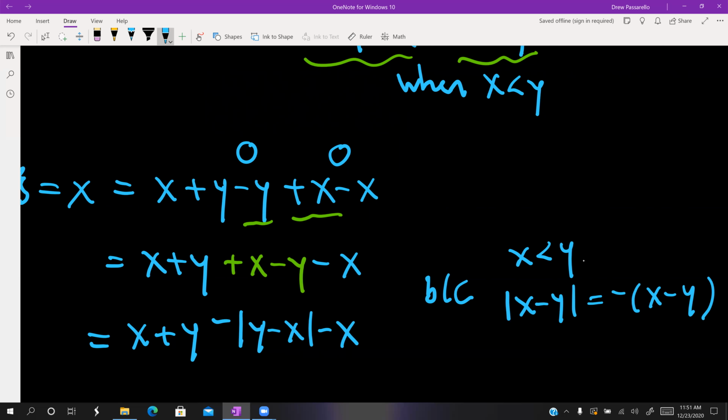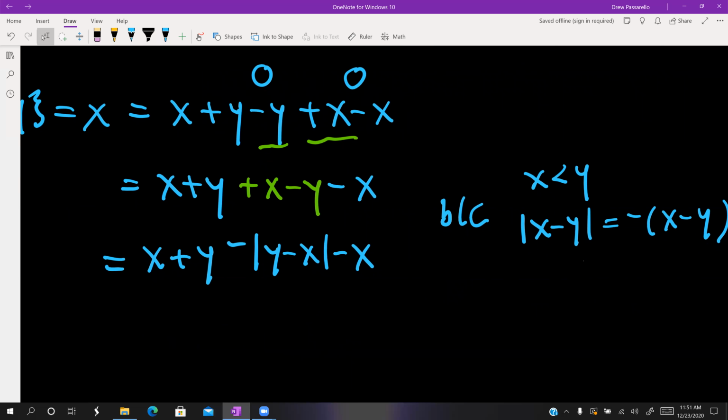And we know that the absolute value of x minus y is the same as the absolute value of y minus x. And so we could bring the minus sign over so that we have minus times the absolute value of y minus x is equal to x minus y.